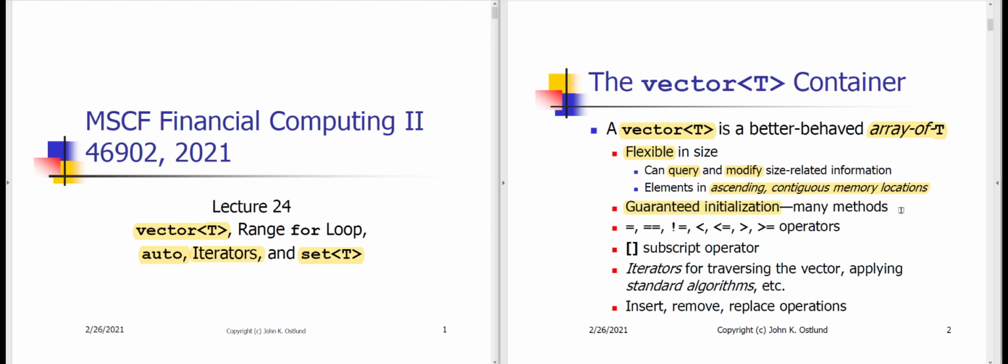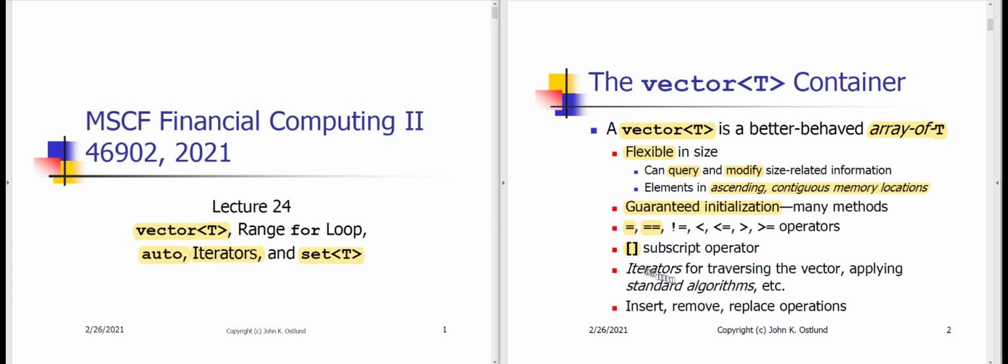We have a variety of initialization mechanisms, a variety of constructors available for the vector class. We have assignment and equality and inequality test, as well as relational test operators defined for vectors. We can do subscripting on vectors with square brackets, just like we can on ordinary arrays.